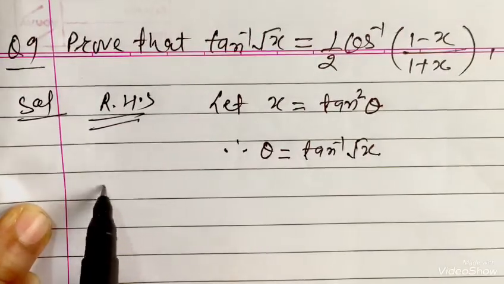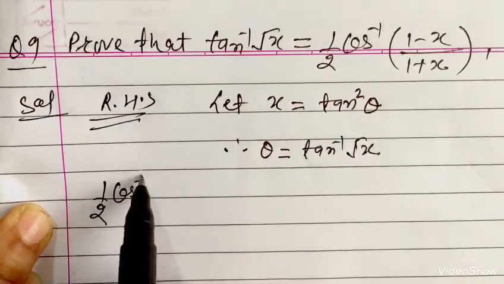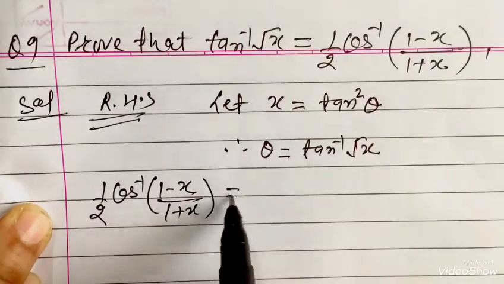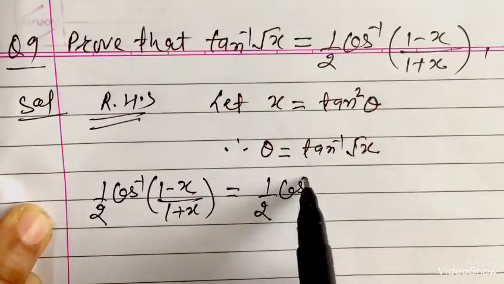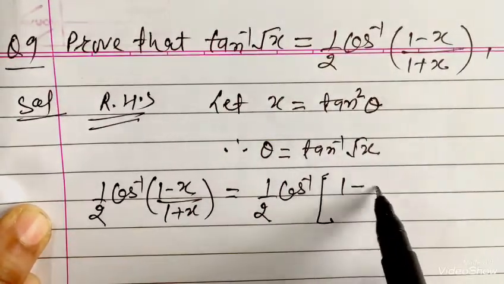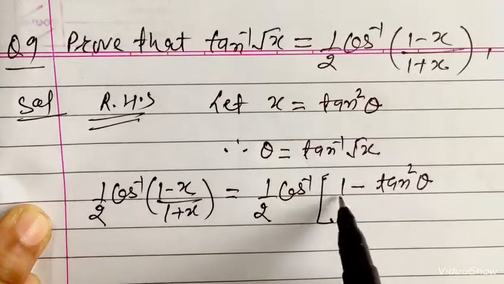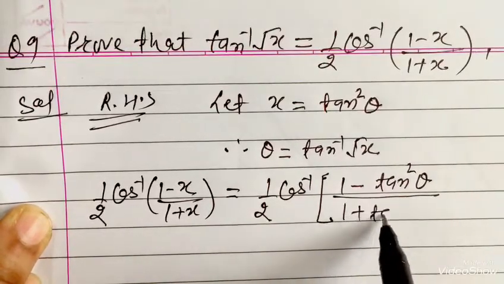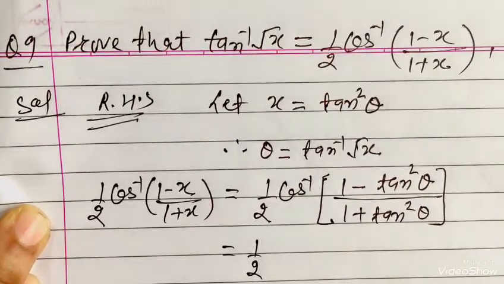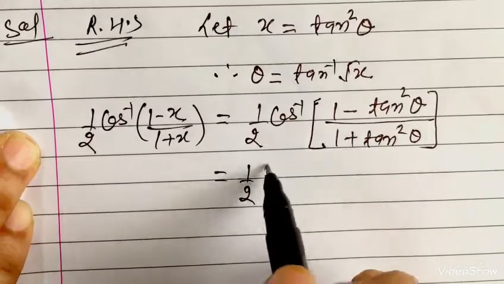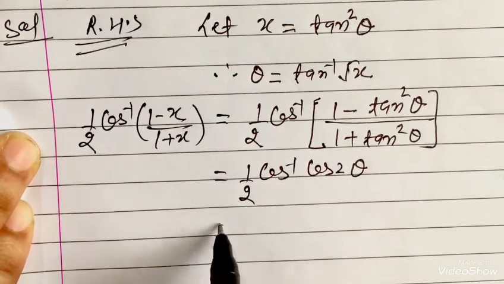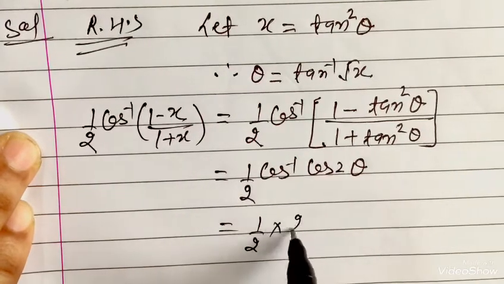Now 1 by 2 cos inverse 1 minus x upon 1 plus x is equal to 1 by 2 cos inverse 1 minus, in place of x it is tan square theta, and here 1 plus tan square theta. It is the formula of cos 2 theta.